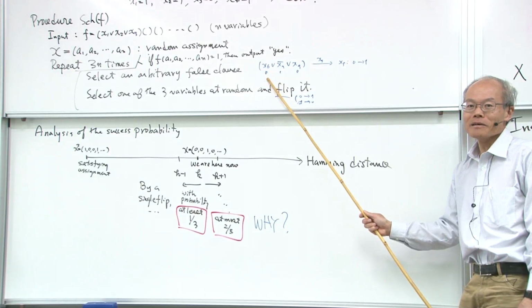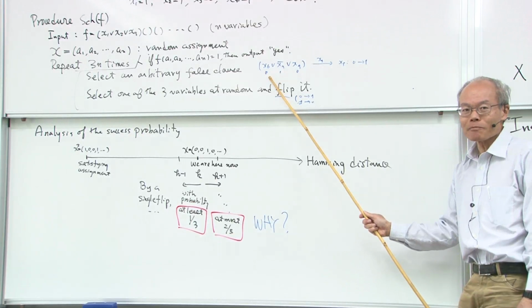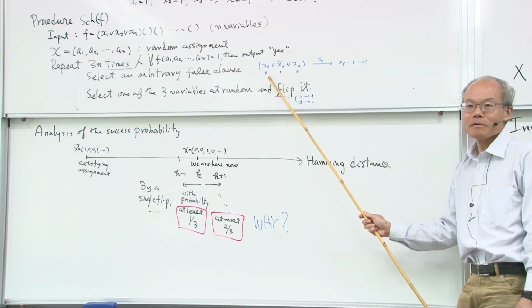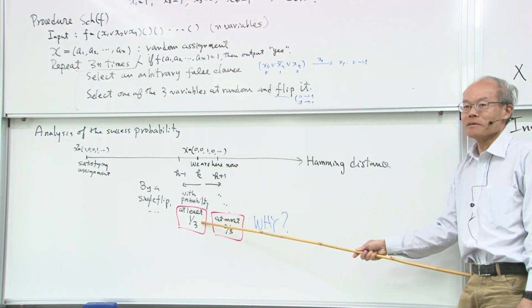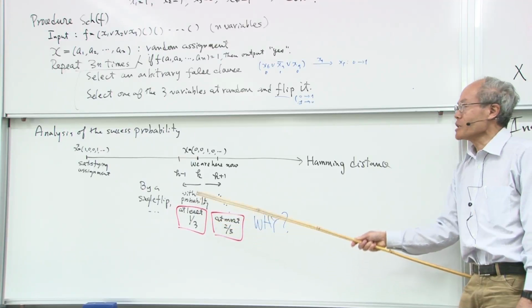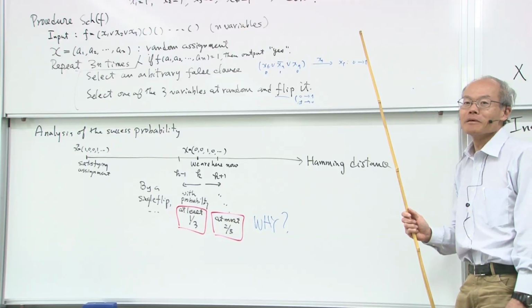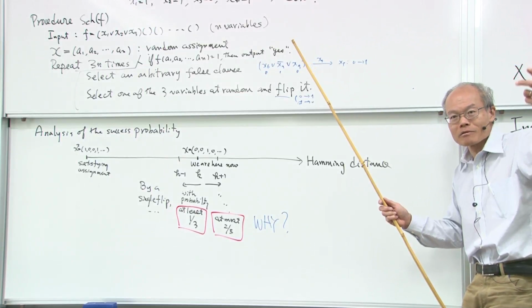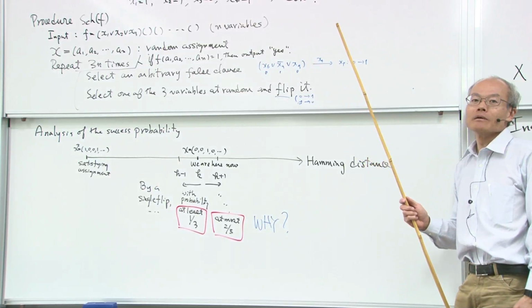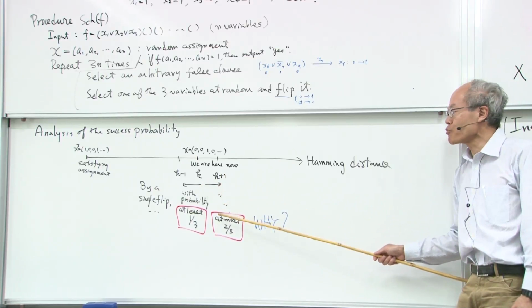Suppose that only 1 bit is different. Then what is the probability you can hit it? At least 1/3. If you hit it, then you can approach the final goal by 1 bit. Otherwise you may change a correct bit to an incorrect one. That means you go in the bad direction with probability 2/3.